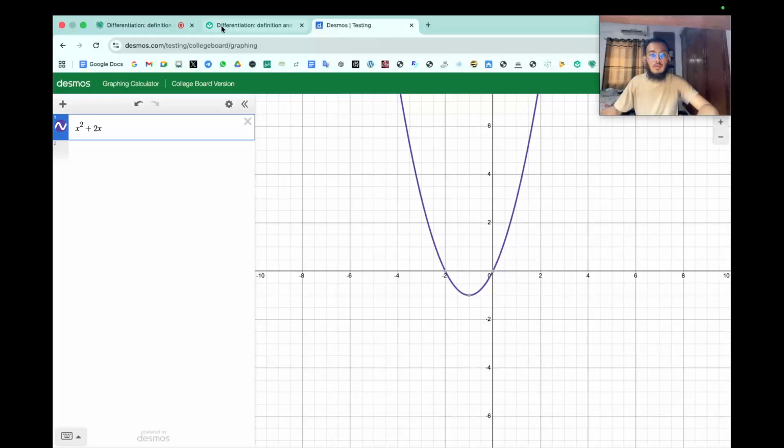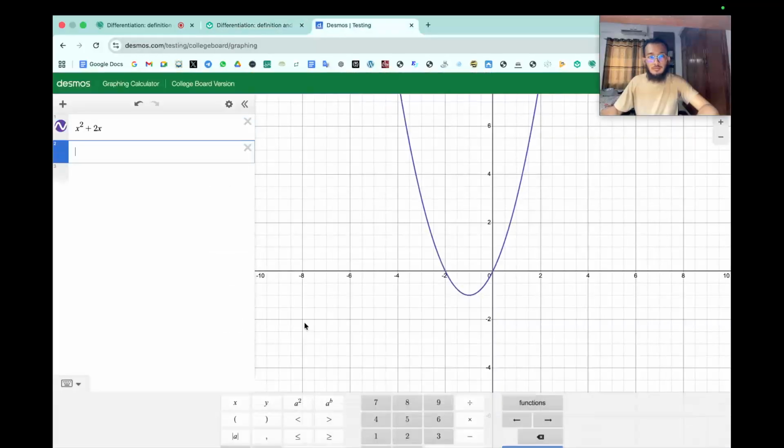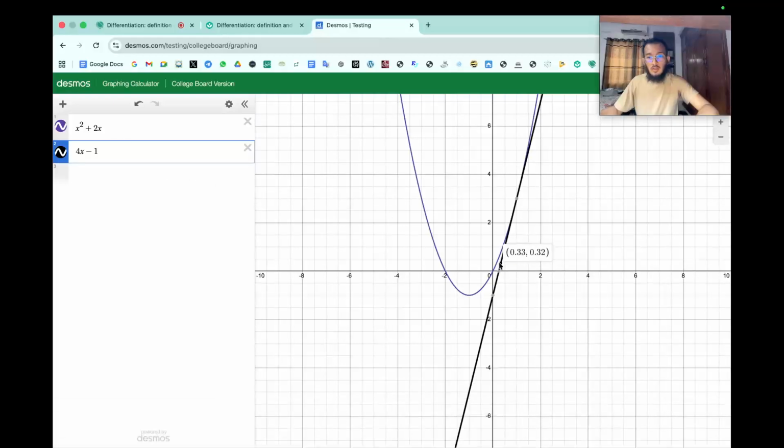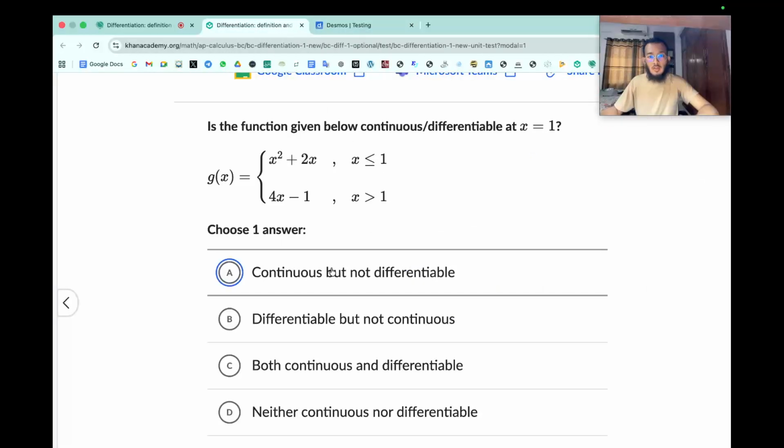And 4x minus 1 at x equals 1 is the same value, basically 3. So yes, it is continuous.